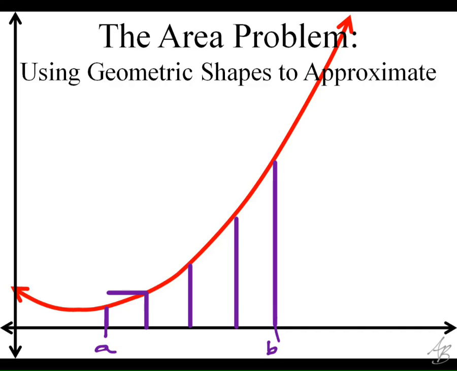I'm going to use the right endpoints here to demonstrate this. But it doesn't matter which one we use. If we add more and more rectangles, it's going to get closer and closer to the actual value, so close that it's actually going to reach the actual value when the number of rectangles is infinite.